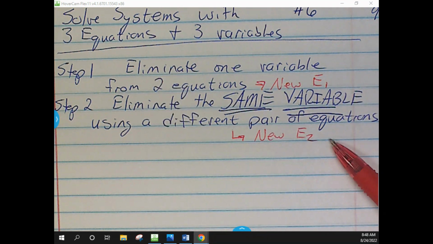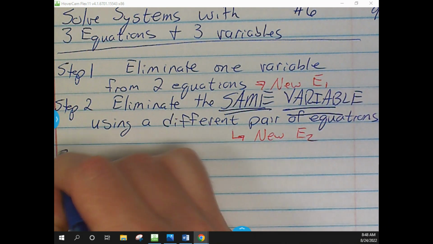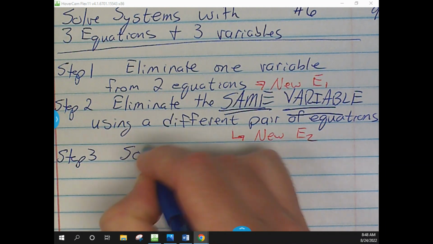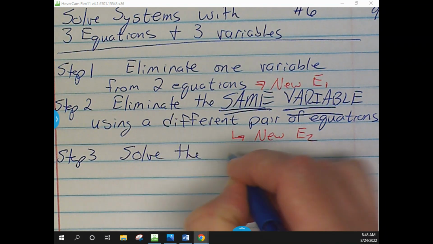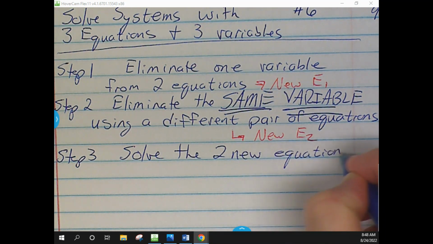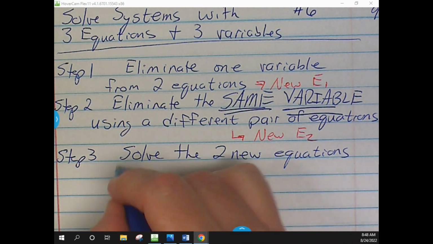Now you can take these 2 new equations that you have, and we're going to solve the 2 new equations by elimination.